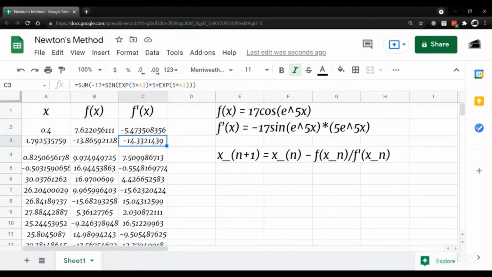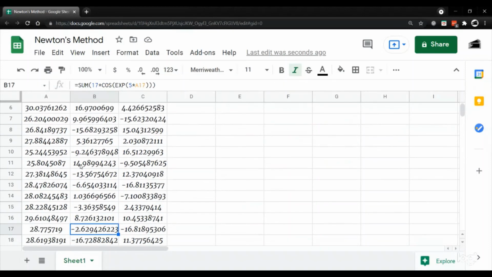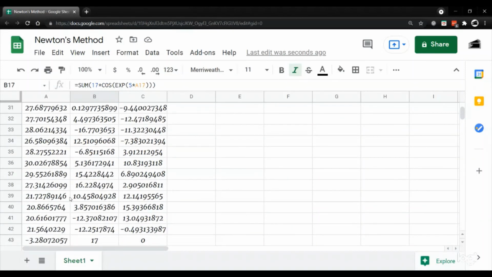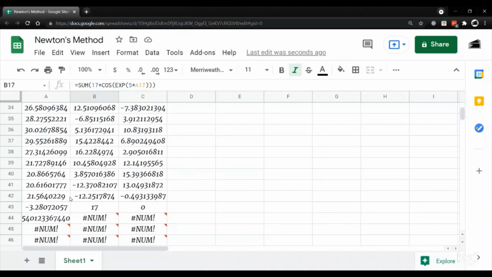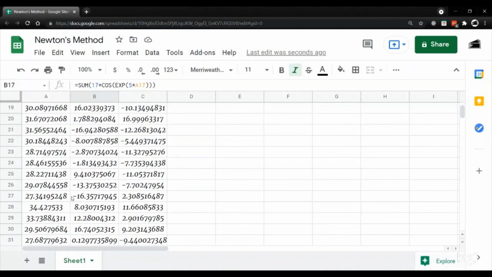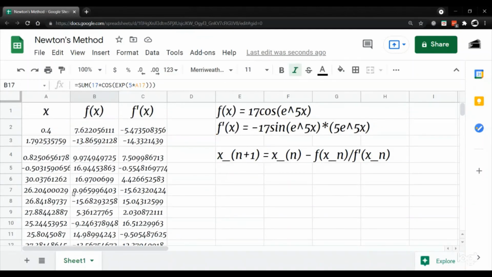Let's see, so those are both right. And yeah, x is not getting to any nice numbers. So this one is one that is probably not a good function for us to be even trying.